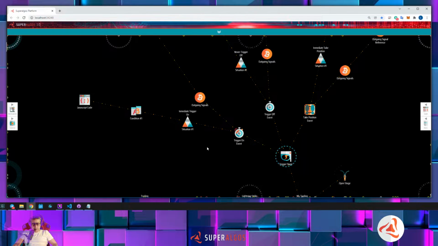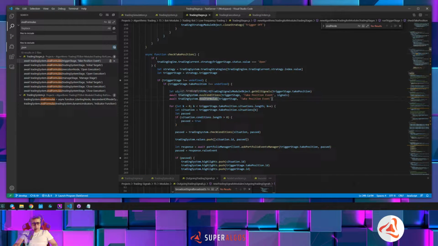So we are at the take position. I want the first one.